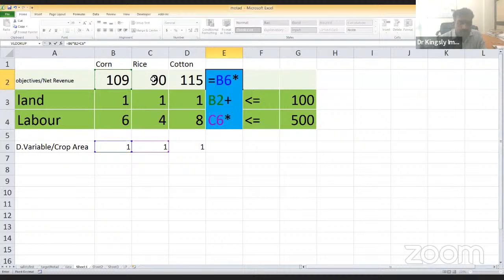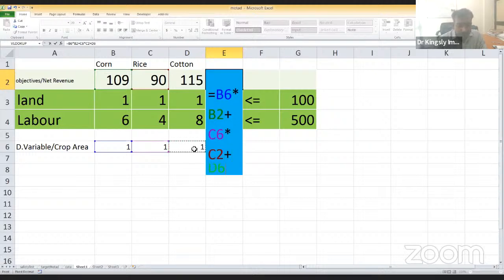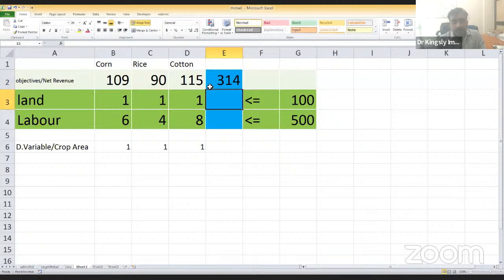the area under the rice times net revenue from rice, plus area under cotton, that is 1 hectare, times net revenue from cotton. So if you sum up, 314 rupees. Right now we make a small dummy calculation so that we enter the formula.